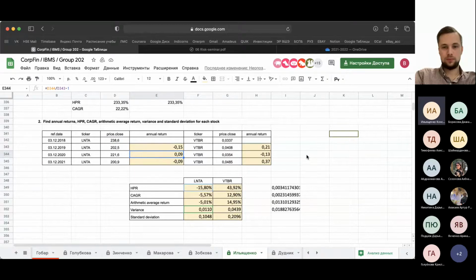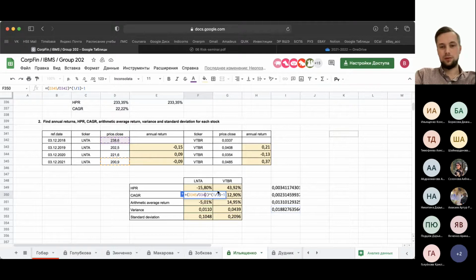For calculating HPR, we use ending value and beginning value. And for CAGR, we use the compounding average. Again, we divide the price of the last period by the price of the first period, to the power of 1 divided by the number of periods between them.